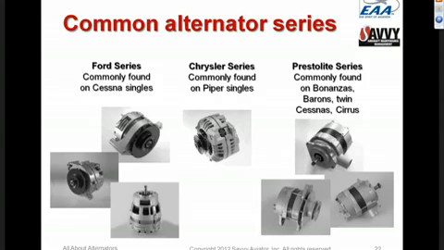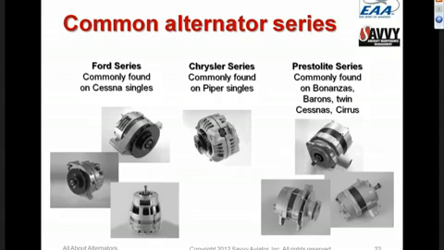Now again, don't be misled, they're not manufactured by Ford. Most of them nowadays are manufactured by what used to be Kelly Aerospace and is now Hartzell Engine Technologies. But they're originally based on a Ford automotive alternator design that was modified for aircraft use.